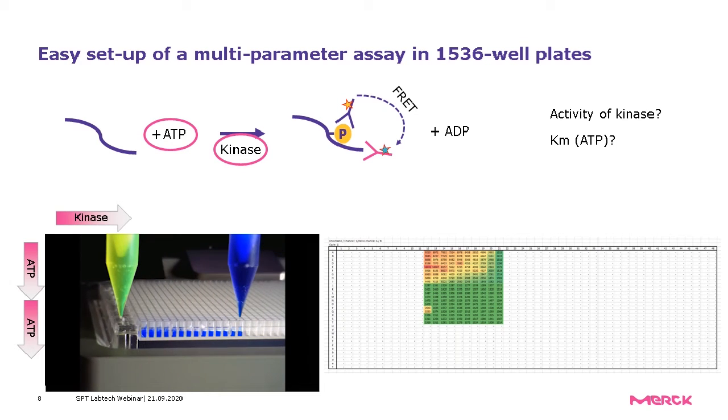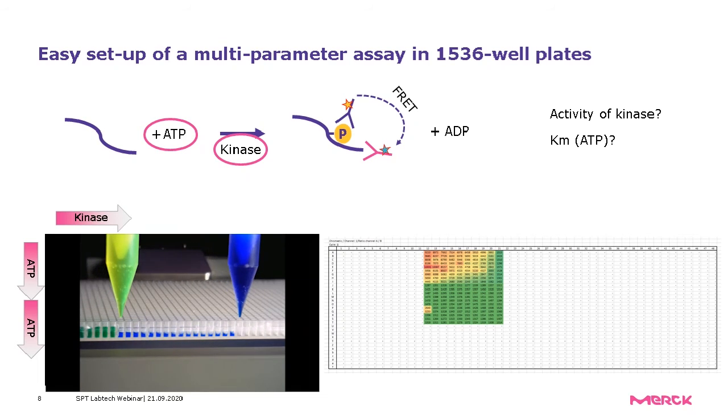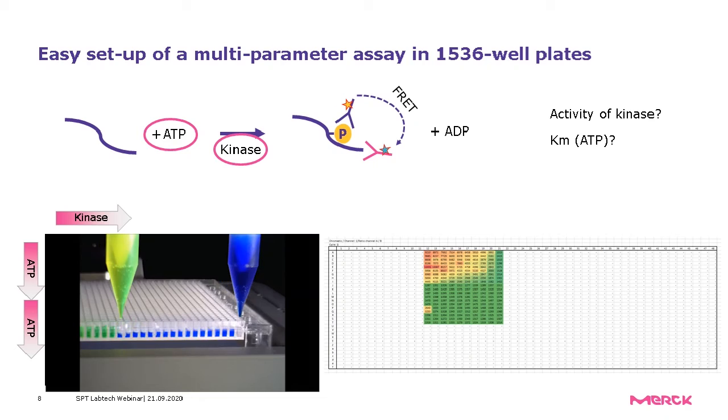You can also see that the values are changing from left to right, from high values to low values, and also from top to bottom. This goes in line with how we titrated the ATP and also the kinase.